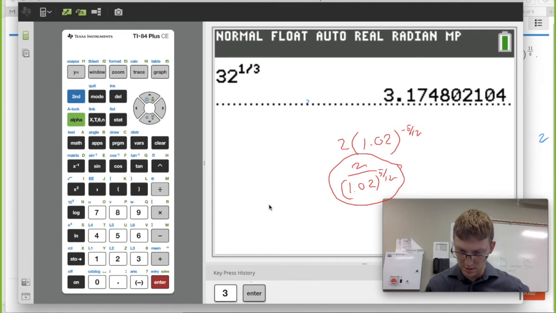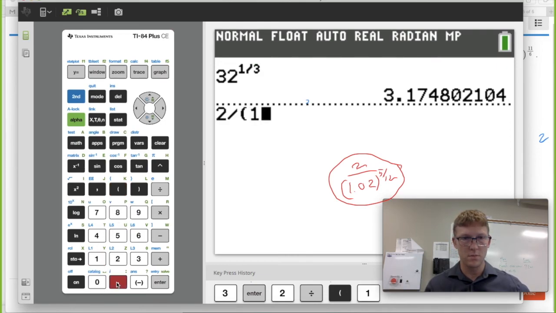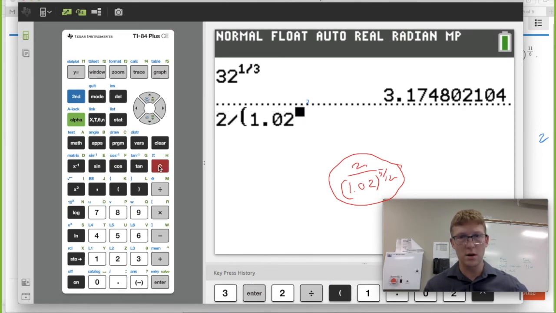So let's get rid of that. 2 divided by parentheses, because I want all this to be done, 1.02. Now, if you had an older calculator, I would have another set of parentheses for my power.